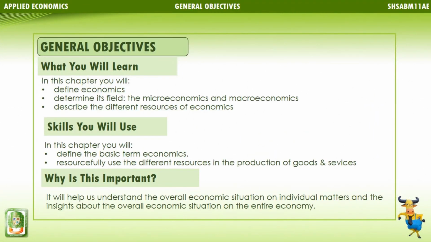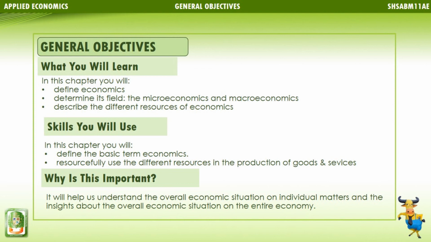General objectives. In this chapter, you will define economics, determine its fields, microeconomics and macroeconomics, and describe the different resources of economics.